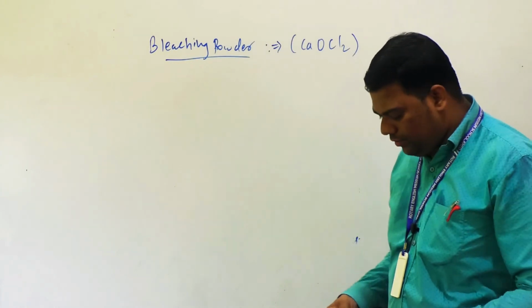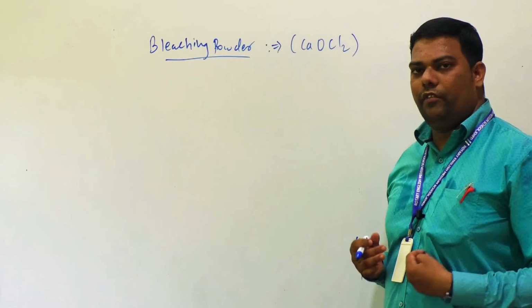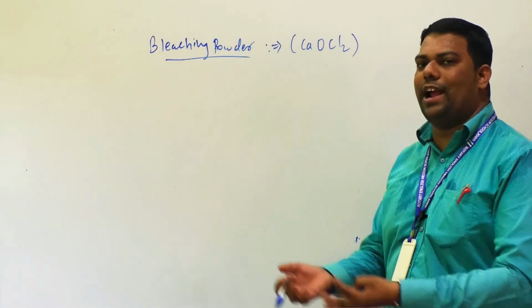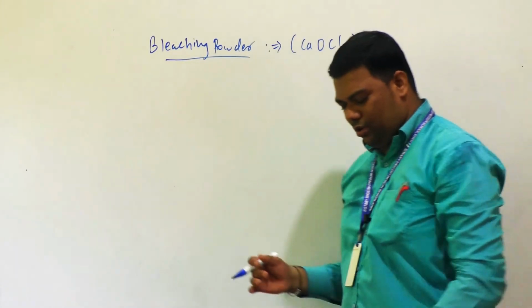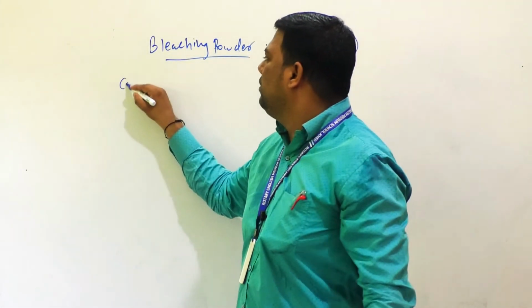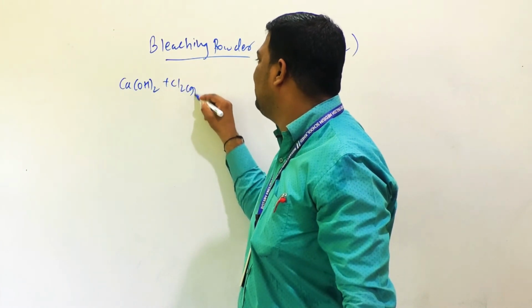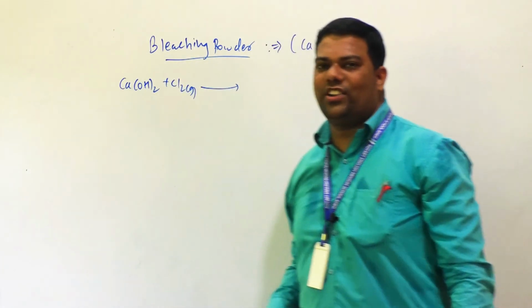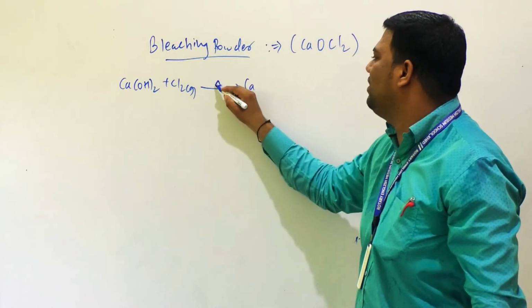So see here, whatever Cl2 we got from the electrolysis of brine solution, we have to use here. Like that, Ca(OH)2 plus Cl2 gas, after heating, gives CaOCl2 plus H2O. You must know this heating sign.